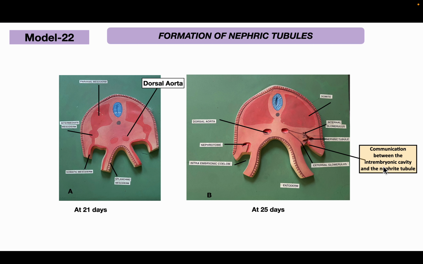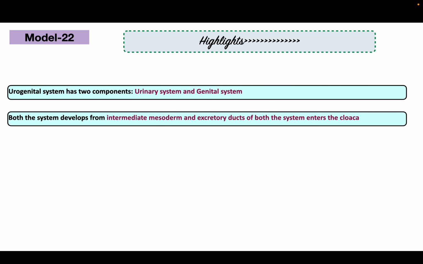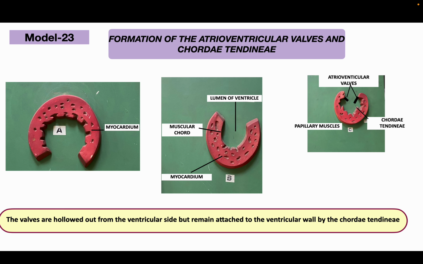So communication between the intraembryonic cavity and nephric tubule is shown over here. So this model is showing these structures. The important highlight is that the urogenital system has two components, urinary system and genital system. Both systems develop from intermediate mesoderm and the excretory duct of both systems enters the cloaca. So these are the important things regarding this model.